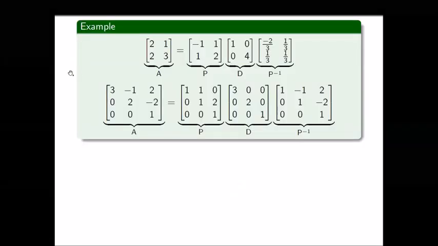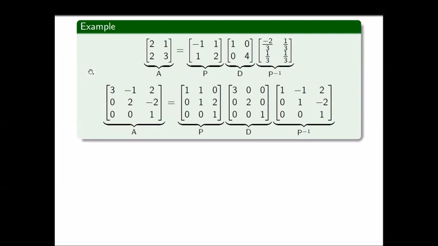Okay, in this example, we just have two instances of diagonalization of a matrix A. In both these instances, we've written them as a product of a matrix P, a matrix D, and a matrix P inverse. So we can actually read some information from here. If you're given just this matrix A and this factorization, we can look at the middle matrix and say that the entries on the diagonal are 1 and 4.